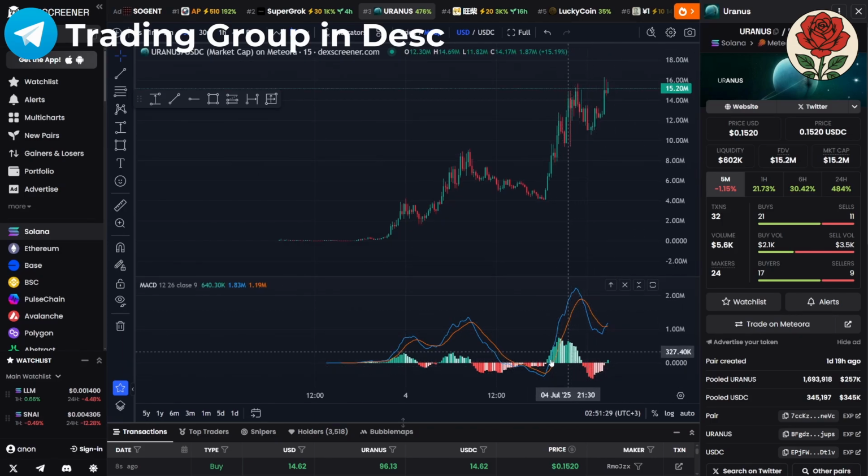So we can see if it's pumping, then it's green because a lot of people are buying here, meaning the buy power is stronger. Okay, so that's why it goes up. And when more people sell than buy, then this coin starts going down.